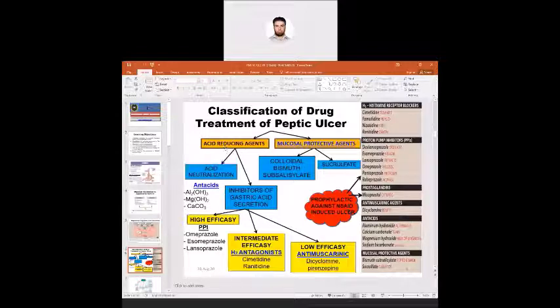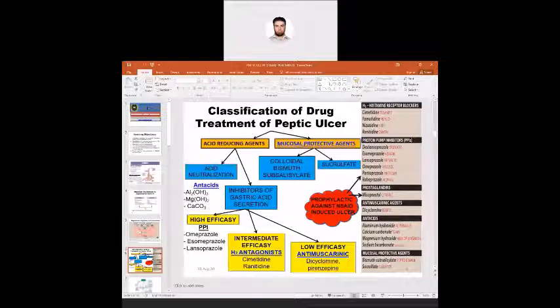And number two, by protecting the mucosa, we call it mucosal protective agents. Those mucosal protective agents are drugs that are designed to be taken orally, and then they will form a physical barrier that separates the ulcer from the aggressive invading factors like the acid and pepsin.